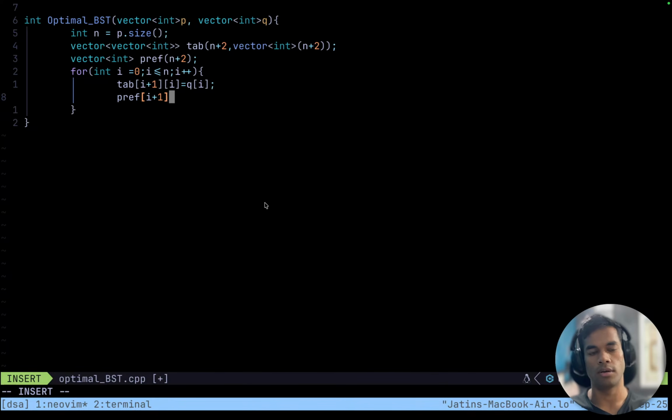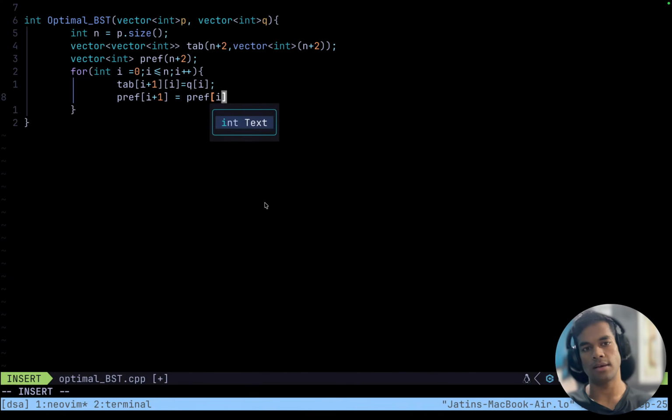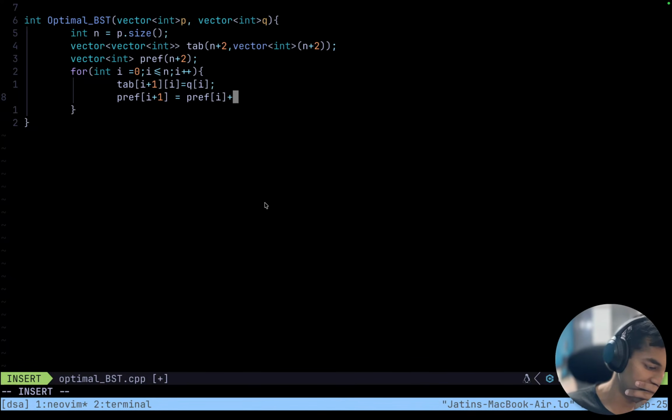Yes, and then internally for pref i plus 1 would be pref i plus the two things now.